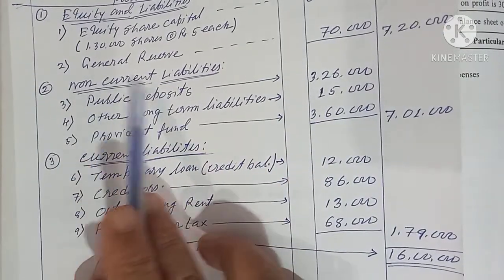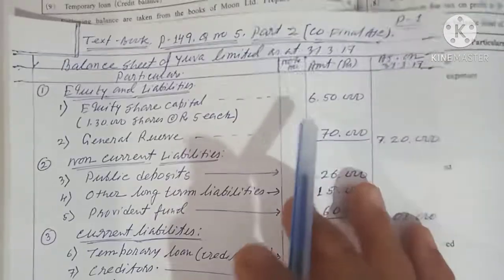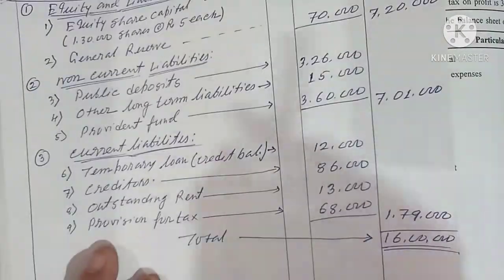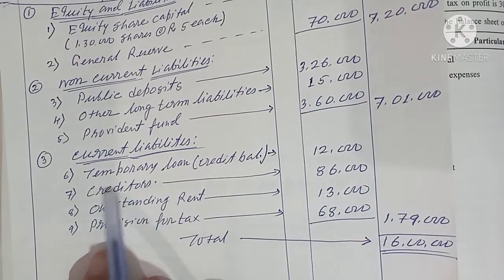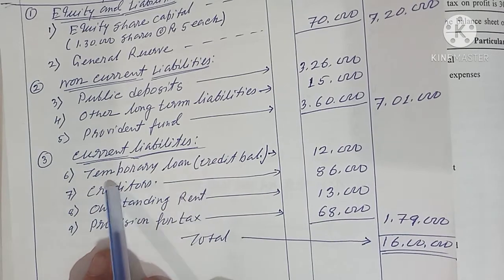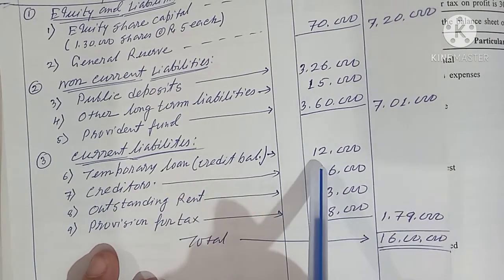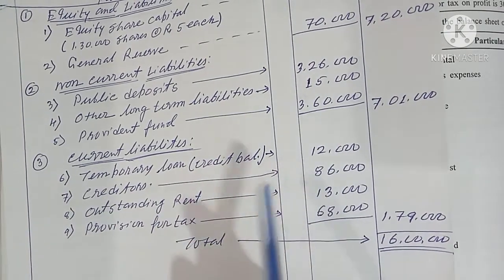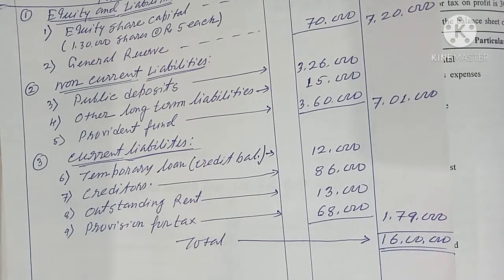That comes under non-current liabilities, second item. And the last one, temporary loan, that is a credit balance of rupees 12,000. It comes under current liabilities, first item. Whatever goes wherever, you have to write only that, nothing else.